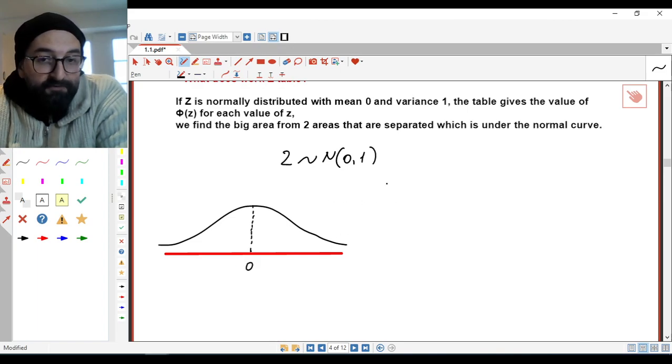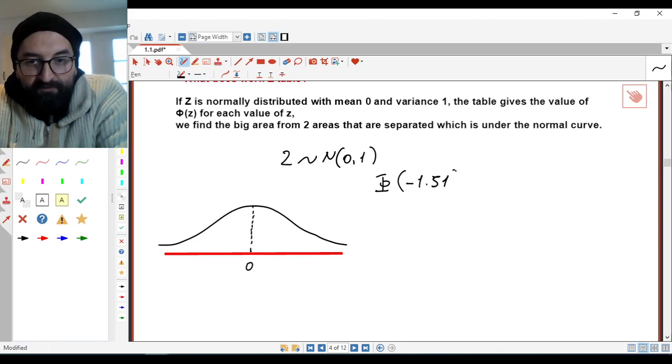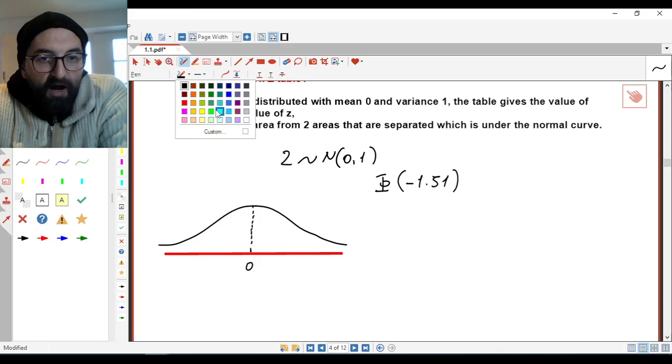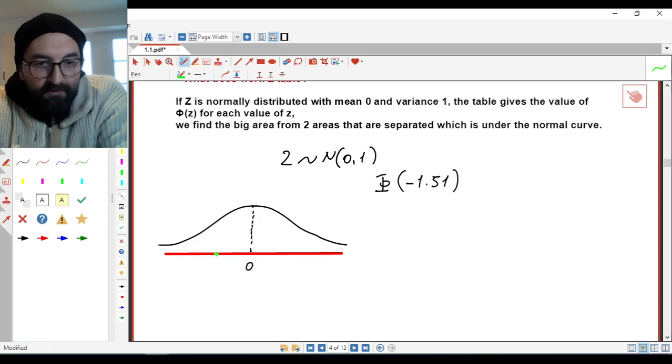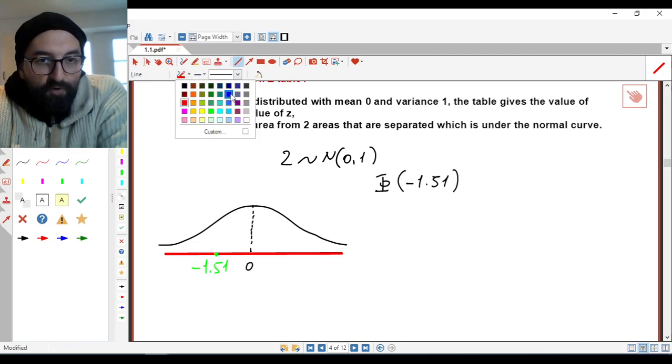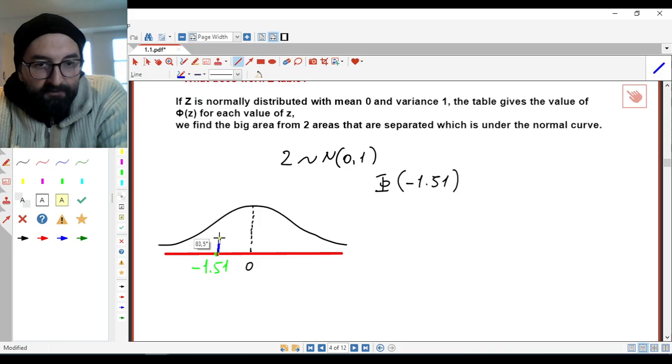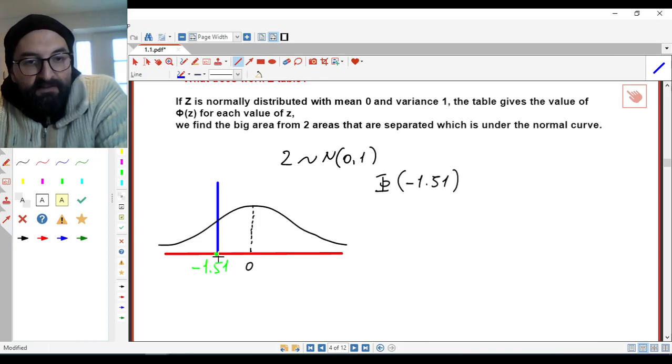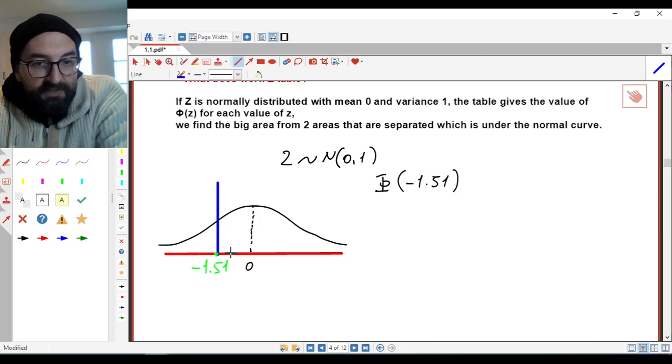For example, if you want to find phi of negative 1.51, firstly you have to find negative 1.51, and if you draw a line from here, this line separates this curve.